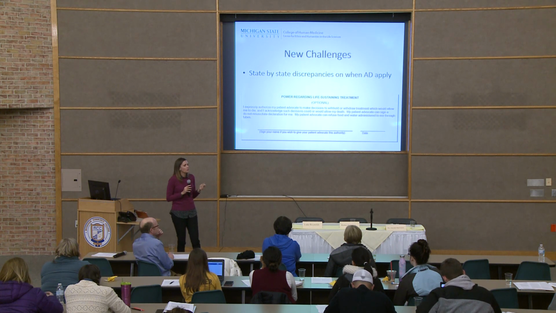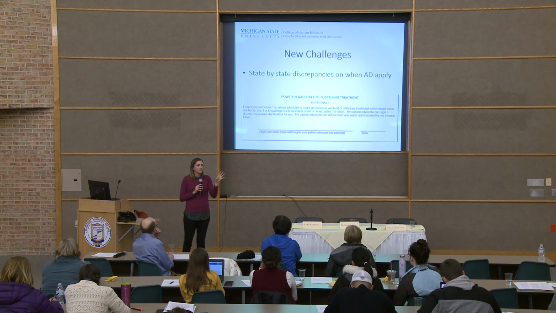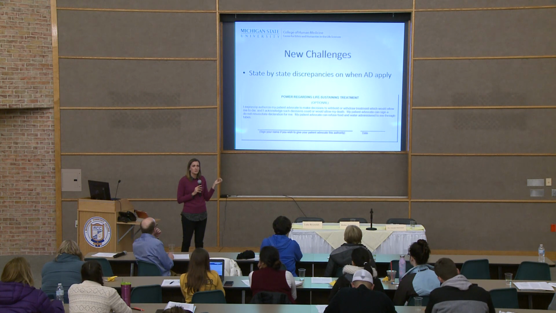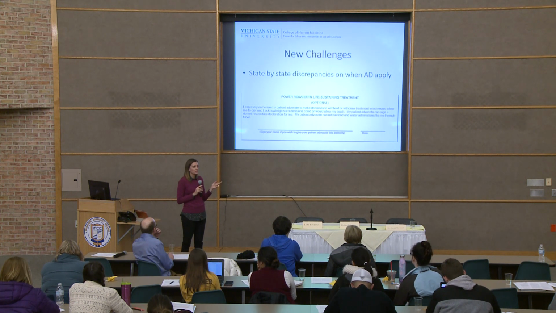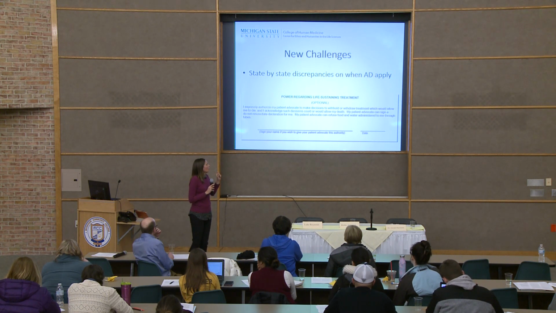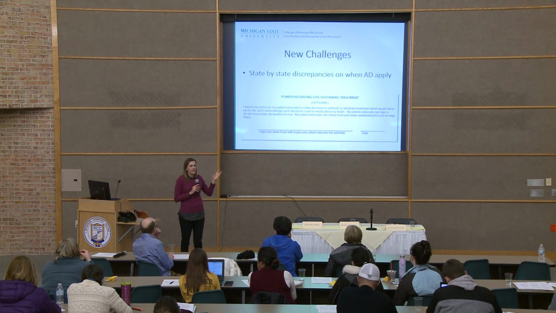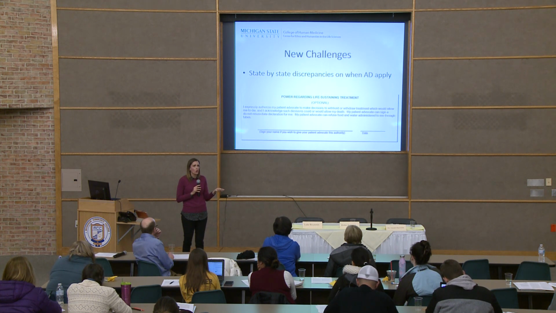There are some states, too, where I said generally these apply whenever you lose decision-making capacity. That's not true in every state. There's a couple of states, I think it's Florida and New York, where they only apply if you're in PVS, a coma, or at end of life. Like, they have certain parameters in which they count.